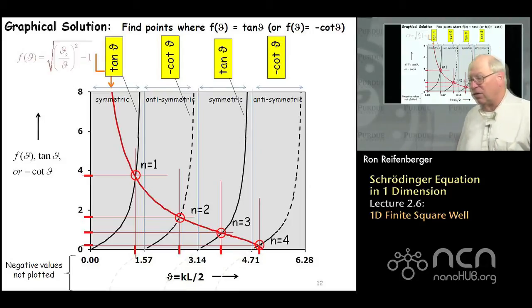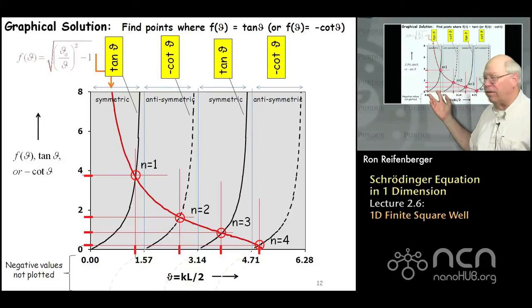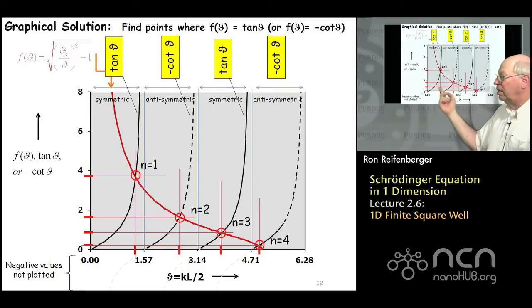And that is actually carried out in this diagram, which is going to require you to think about it for more than a few minutes. What I do is I plot the tangent and the minus cotangent sequentially for different values of theta.